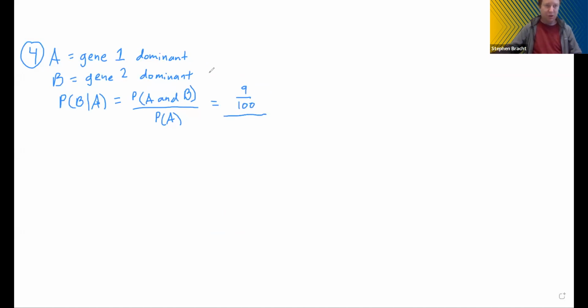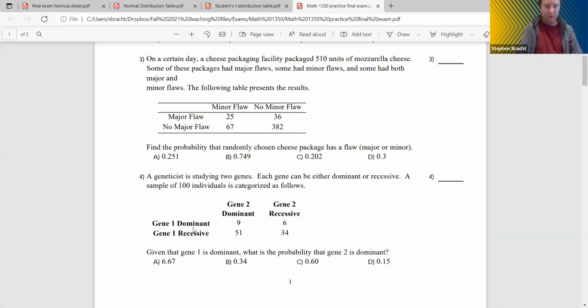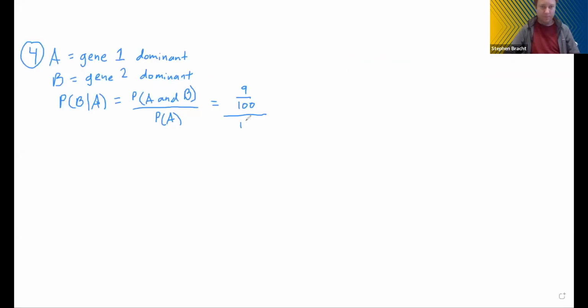P of A is the probability that gene 1 is dominant. And for this one, I find the row labeled gene 1 dominant, and I add up the numbers in that row. 9 plus 6 is 15, and divide that by 100. Okay. So on the bottom, I have 15 out of 100.